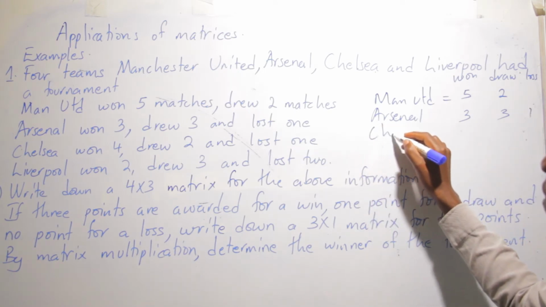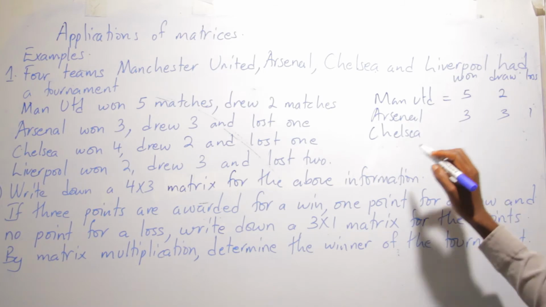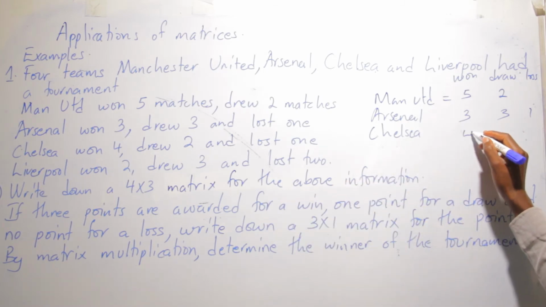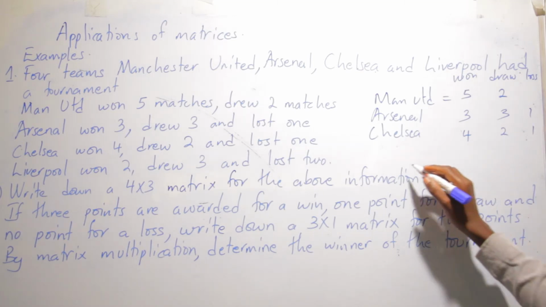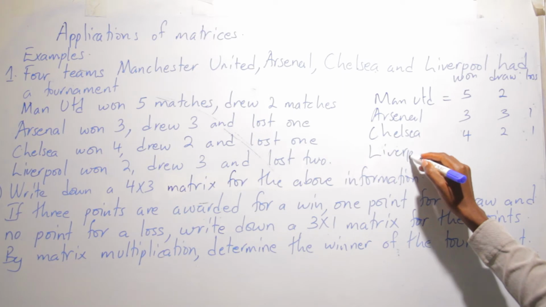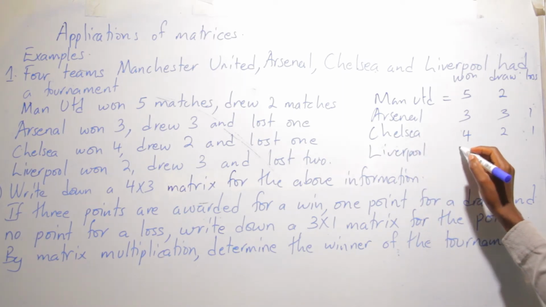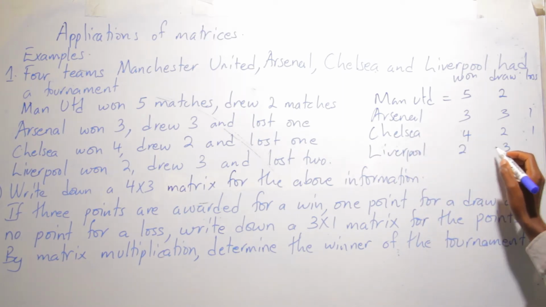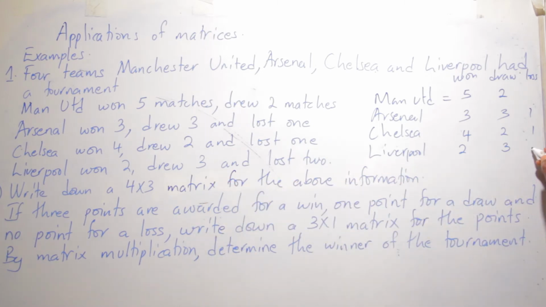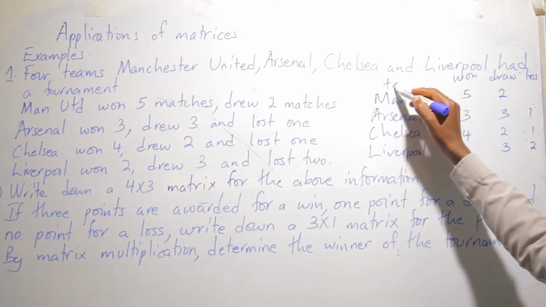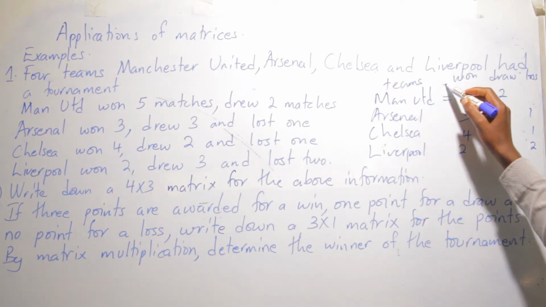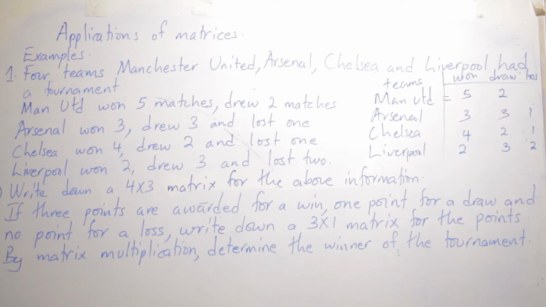Then Chelsea had 4 wins, then 2 draws, and then 1 loss. Then finally, Liverpool had 2 wins, 3 draws, and then 2 losses. So we are having our teams right here, and then the result of the games right there.